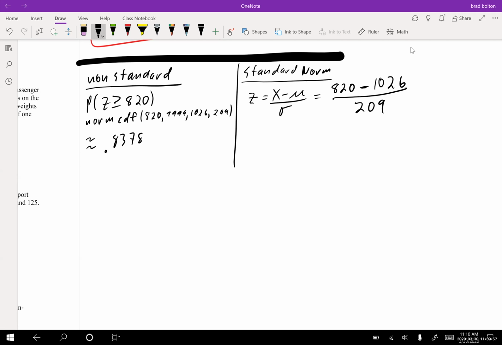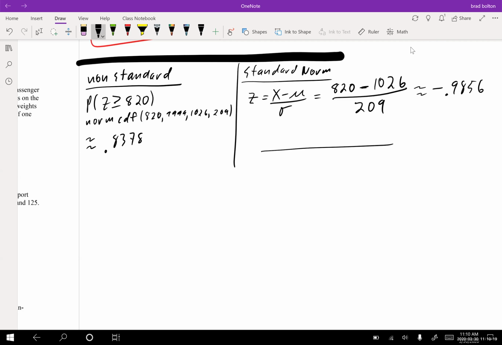So when we enter this in our calculator, we get 820 minus 1026, okay? And then we divide that by 209, okay? So we get approximately negative 0.9856. Now again, we're rounding off. So that would be my z-score.